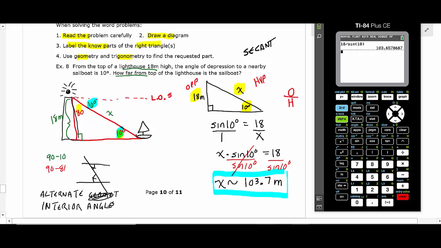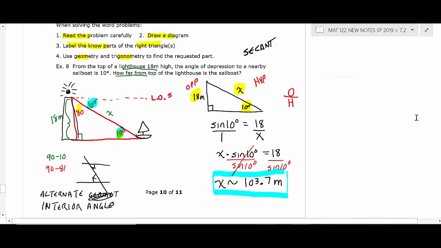Your other choice would be to take a rope, tie it like that and measure it. That's a lot more work than trigonometry. So trigonometry saves you a lot of time. Surveyors, engineers and others use this all the time. This is how we can measure the distances between two objects that are hard to measure directly. So that will take care of that.